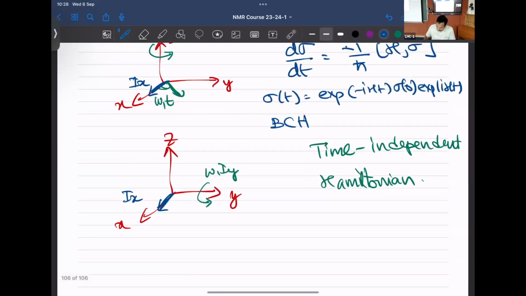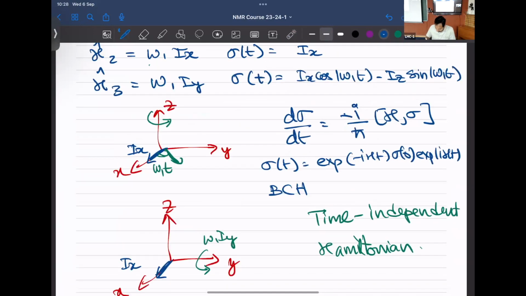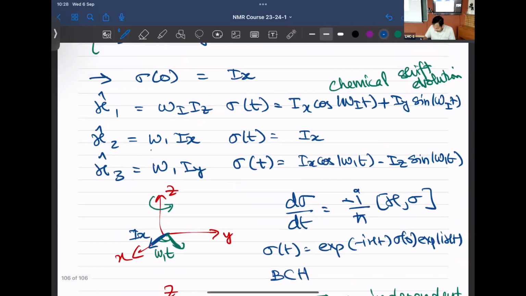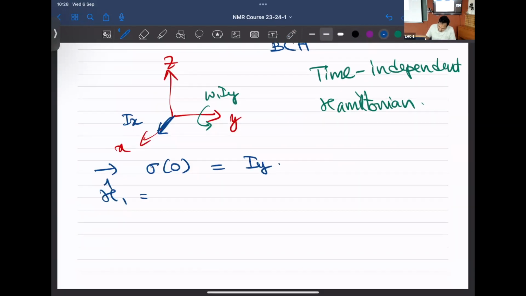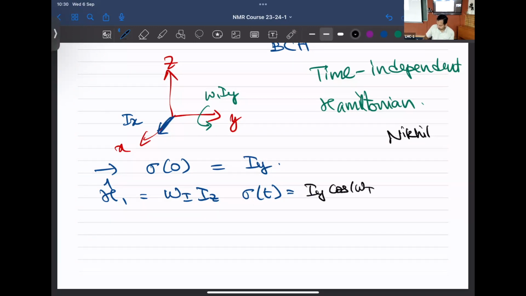The only thing left in this case, to see whether you have understood: let's say we start with the initial state along Iy. Let's apply the same thing that we have been looking at so far, where the Hamiltonian is omega Iz.